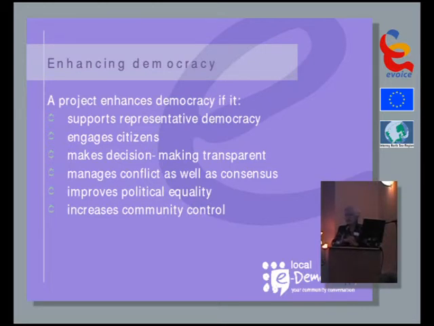A project enhances democracy if it improves political equality of citizens, of views, of needs. And if it increases community control. And I've been challenged about that word control, but I'm still happy for it to be there. See what you think.